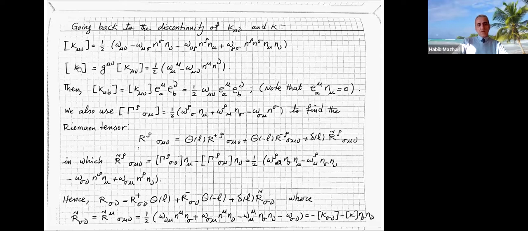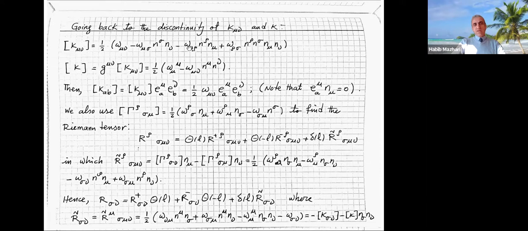And this is the trace we found before. But now we're going to find exactly what KAB is, which, as I said, you can just find as its projection from K mu nu simply. And then since K mu nu, we just write it down, and we know that the tangent vectors are normal to the unit normal.